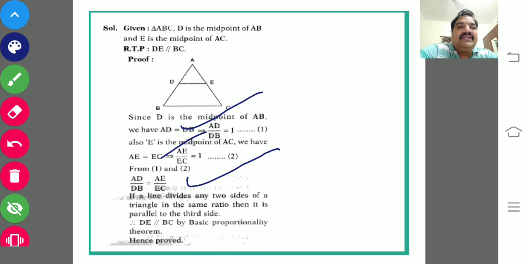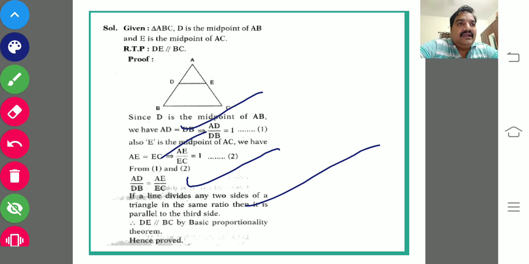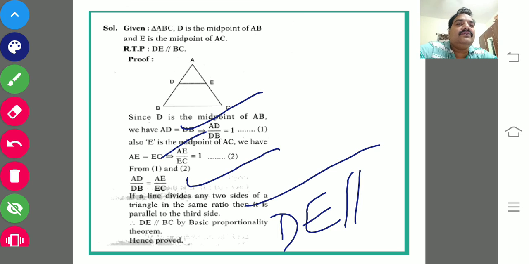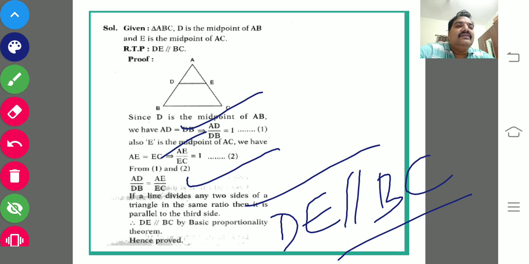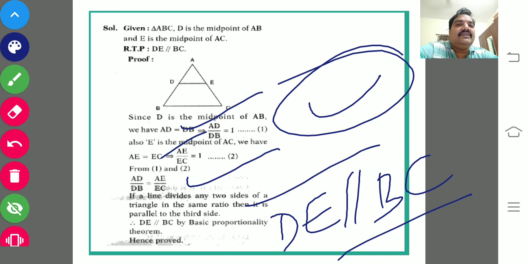So if a line divides any two sides of a triangle in the same ratio, then it is parallel to the third side. We have learned this in the converse of BPT, the basic proportionality theorem. So there is no doubt at all, DE is parallel to BC. I hope you could understand.